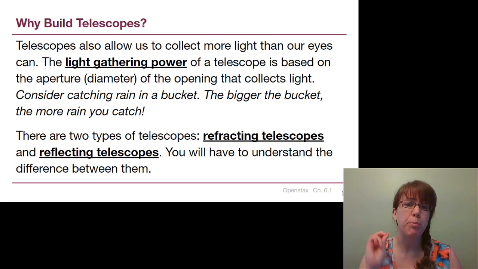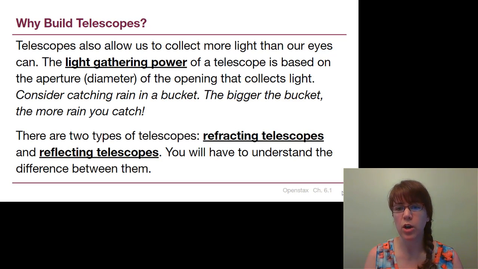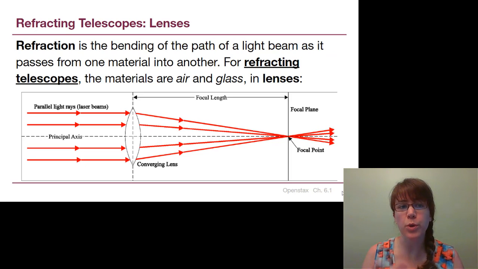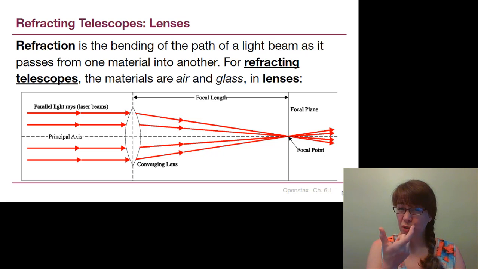Okay, one of the biggest things to take away from this first chapter 6 video is the fact that there are 2 different types of telescopes, refracting telescopes and reflecting telescopes, and we'll have to make sure that we understand the difference between those 2. So we're going to start out with refracting telescopes. The word refraction we might not have heard before, and that's fine.